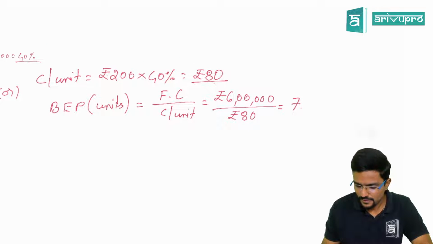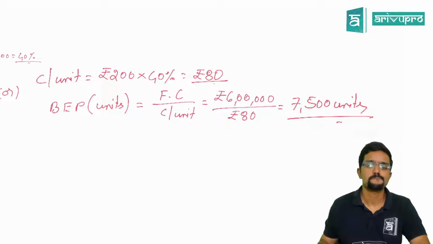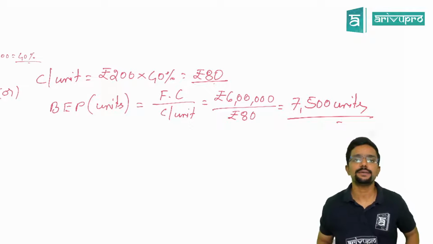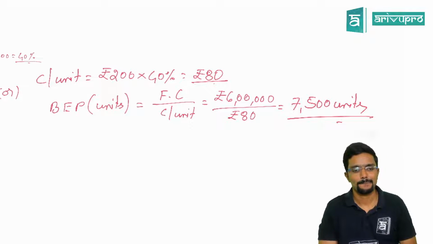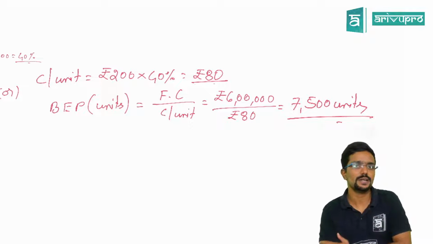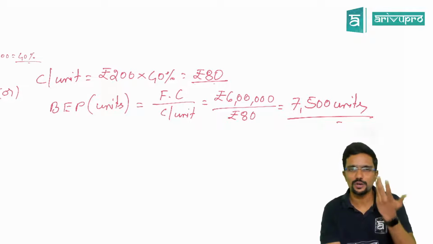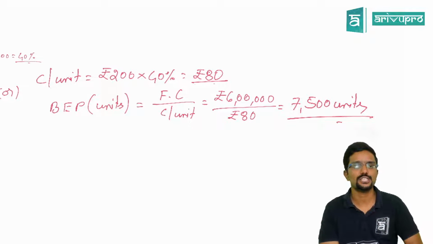You have to get the same. This is another way of calculating break-even sales in units. This is an alternative way. In exam, you need not do it in both ways. I'm just showing. Whichever you feel is easy, you can follow it.